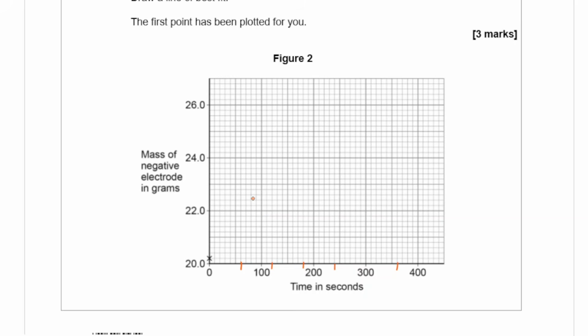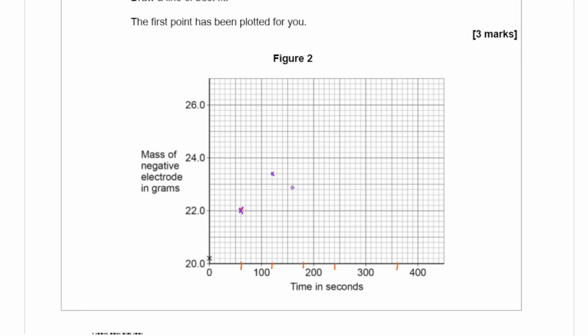So at 60, it's going to be 22. 120 is 23.4. So 23.4 is 2 boxes up.